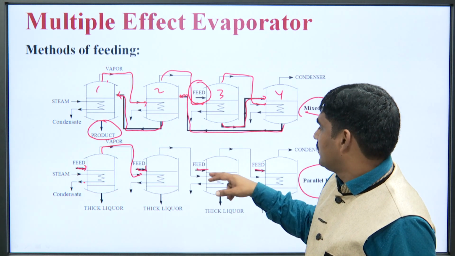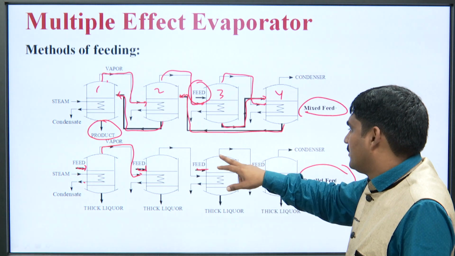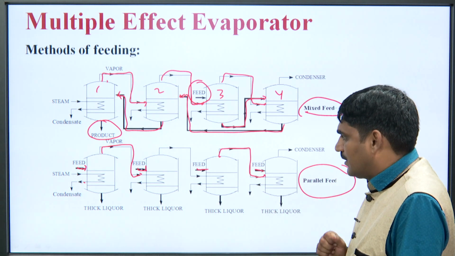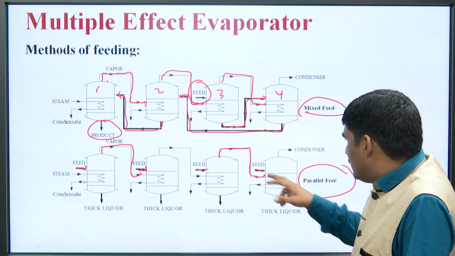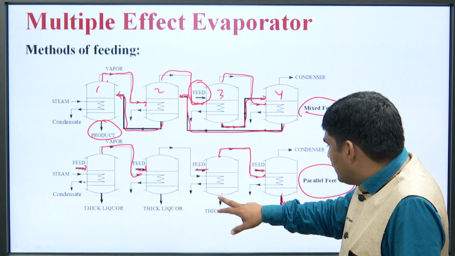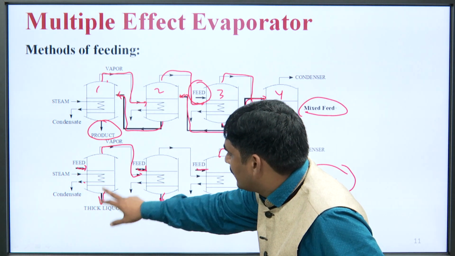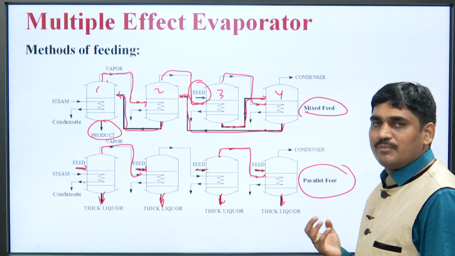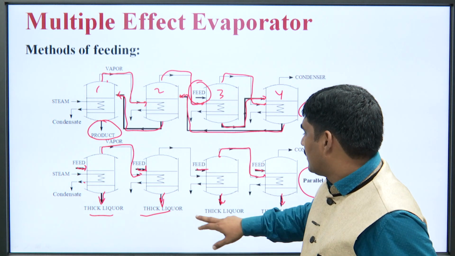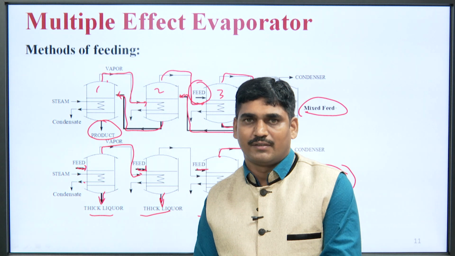Similarly, from second it is used as a source of heat in the third, and from third the vapor is used as a source of heat in the fourth effect evaporator. One more difference in this case is that the product is collected from all the effect evaporators, that is, thick liquid or concentrated product can be collected from all the evaporators.